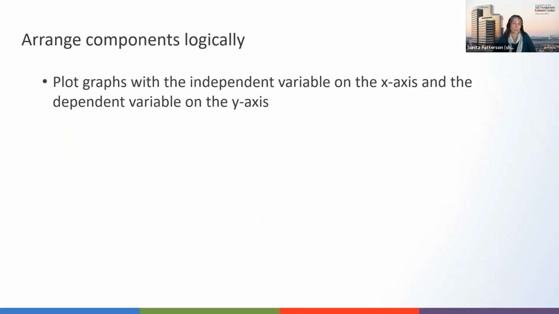Here's another thing to think about when you're deciding how to arrange information. For graphs, keep in mind that it's conventional to place the independent variable on the x-axis and the dependent variable that was measured on the y-axis.